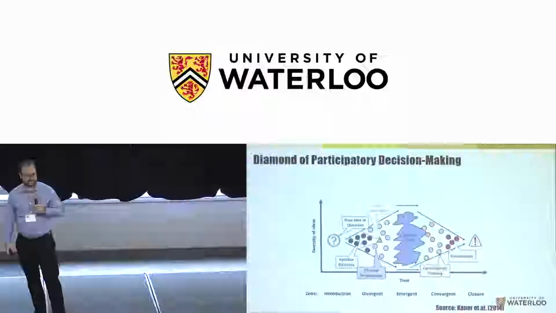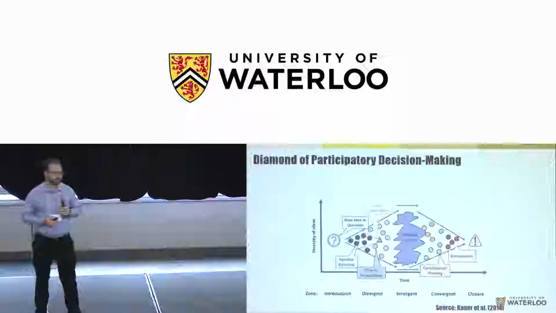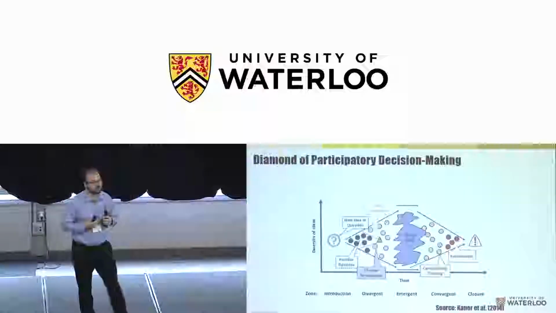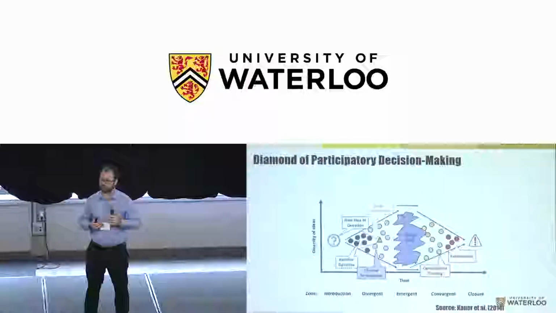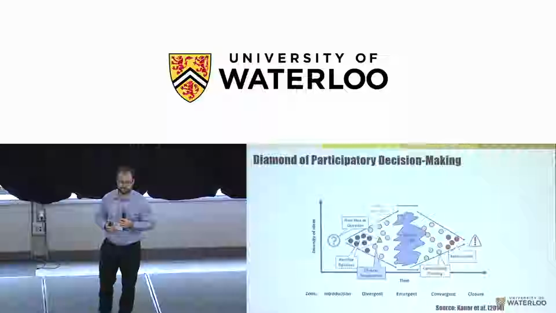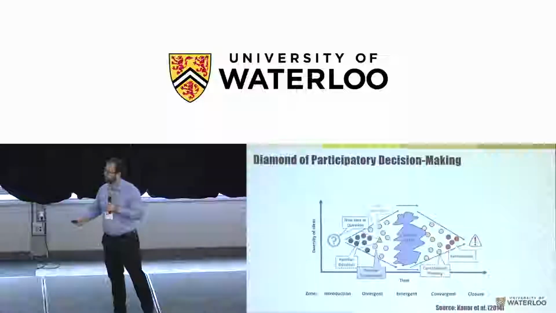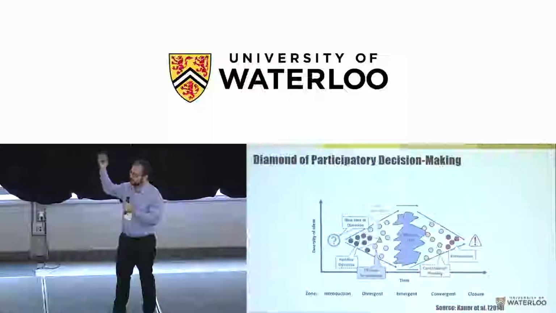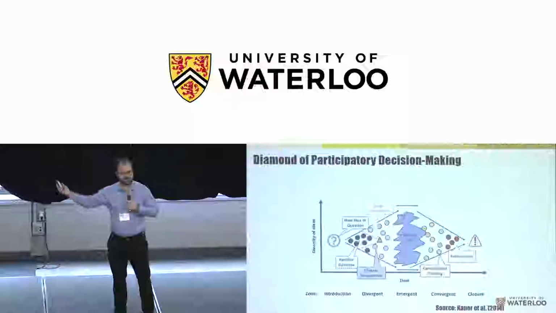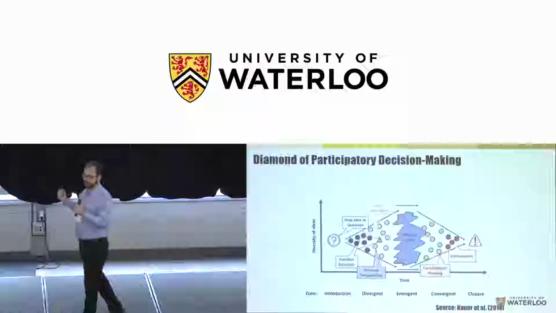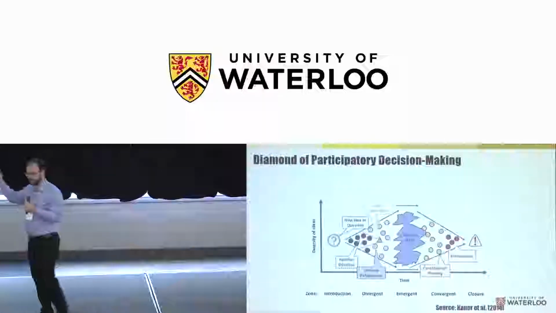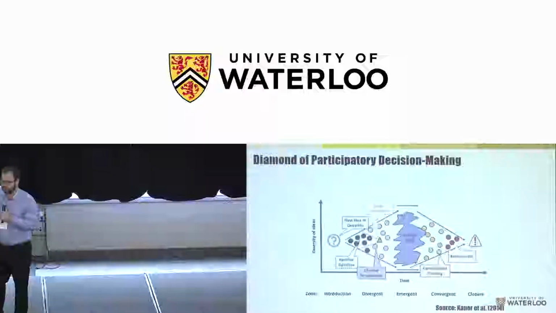Really the idea behind this star-shaped model is that when you're trying to work through a complex problem with a group of people, you start with a period of time where you're mapping out what that system looks like, what different options are, who the actors are, what the issues are.